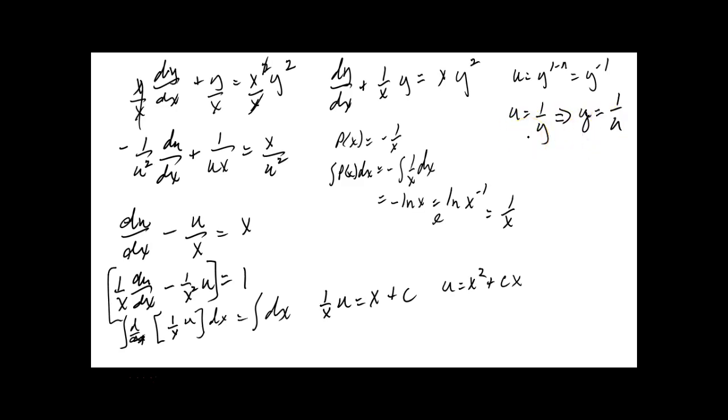U is 1 over y. So this is 1 over y is equal to x squared plus cx, which means y is equal to 1 over x squared plus cx. Now, I'm not sure that's the form they wound up with. Let's see if it is.